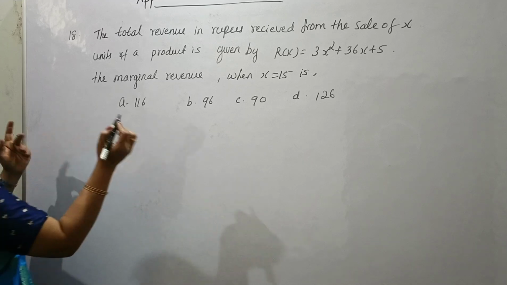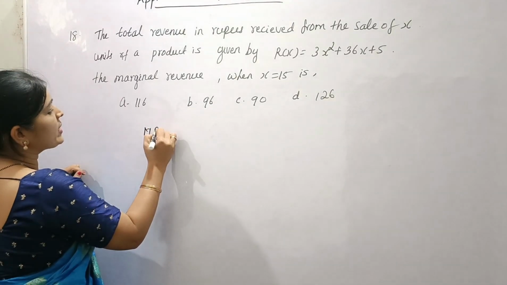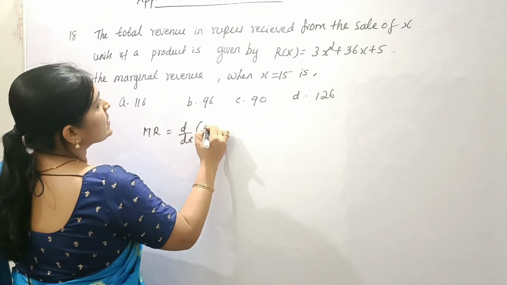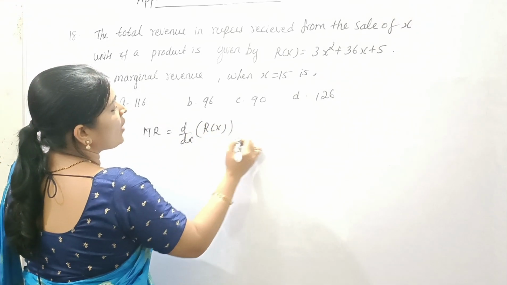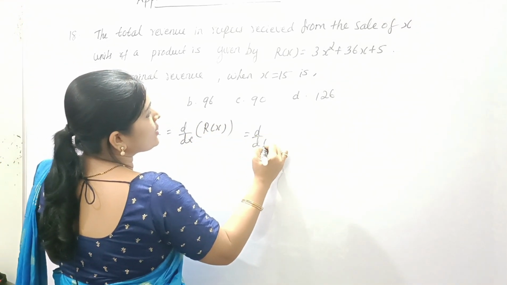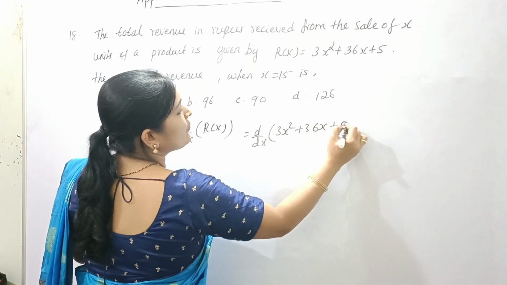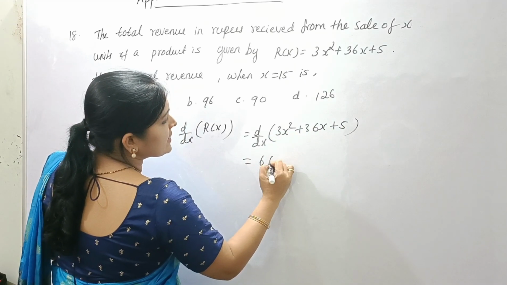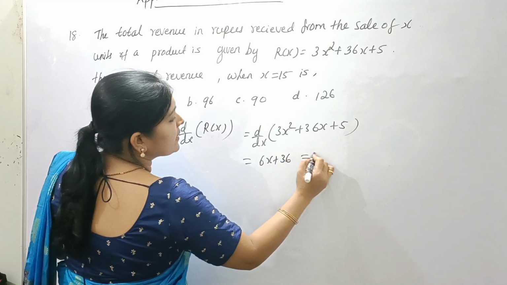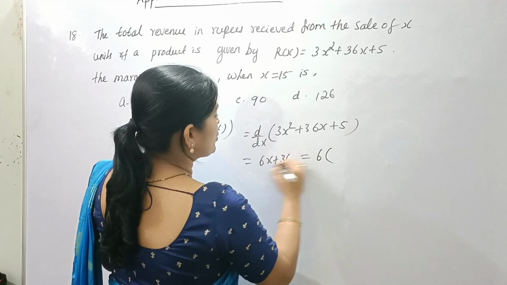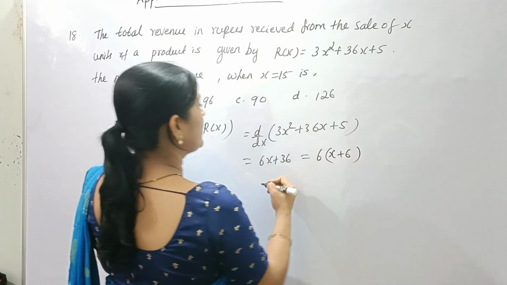We know that marginal revenue is nothing but the rate of change of total revenue, that is d by dx of R of x, d by dx of 3x square plus 36x plus 5, which is equal to 6x plus 36. Taking 6 outside, 6 into x plus 6.